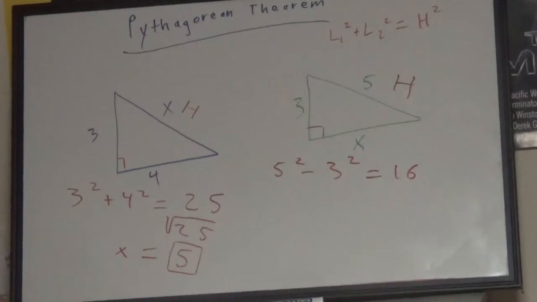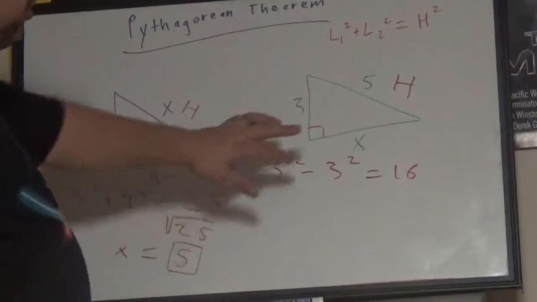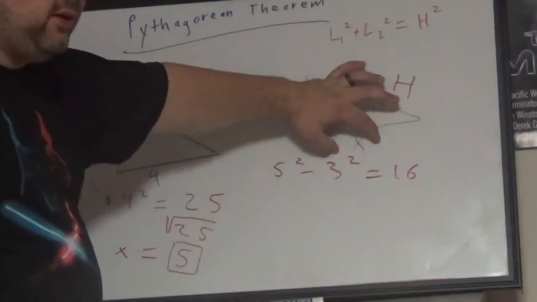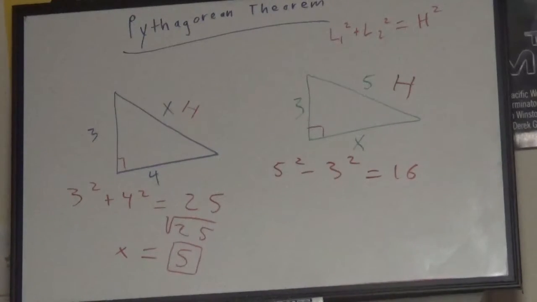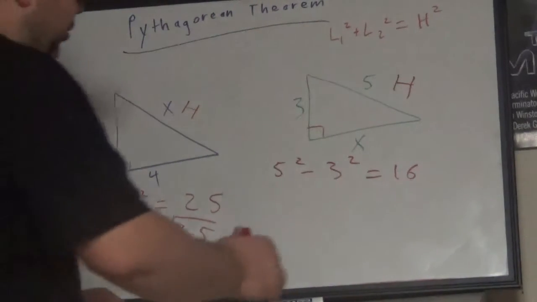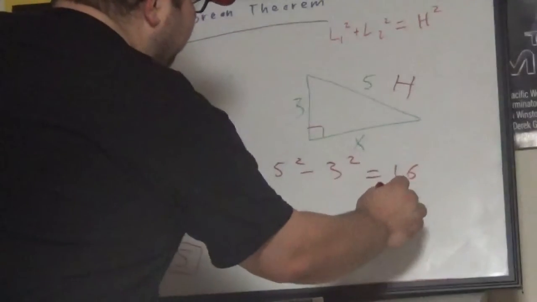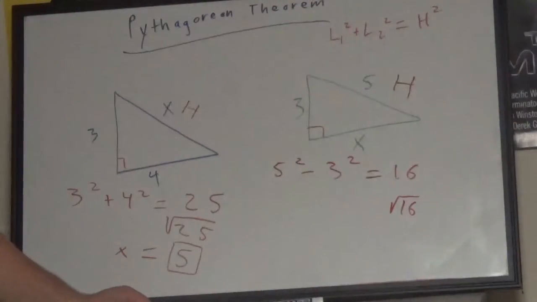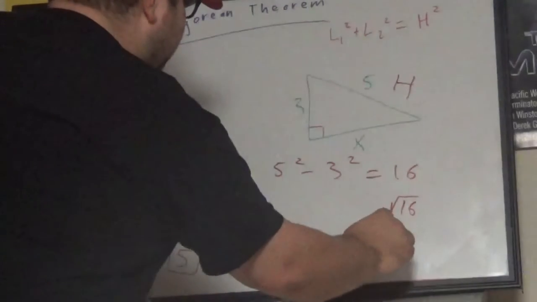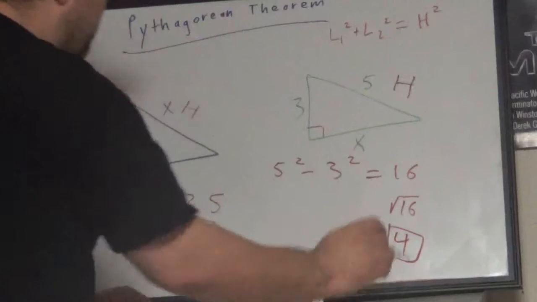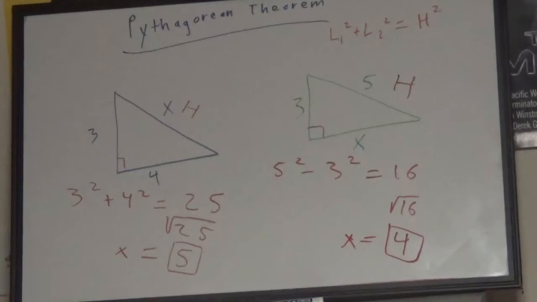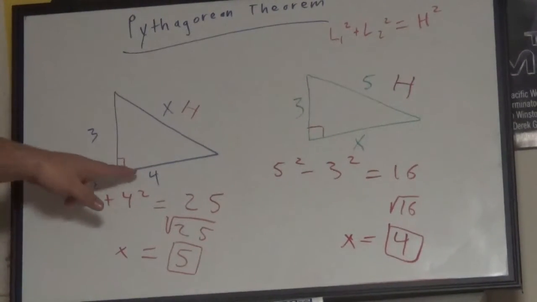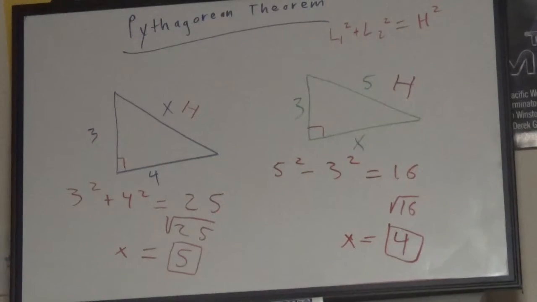Get your 16. Now you find the square. This is going to be this side squared. We're going to undo the square by doing a square root. Square root of 16. Of course, that's 4. And on this one, we get x equals 4. Well, we know it's going to be 4 because we had the first of our examples.